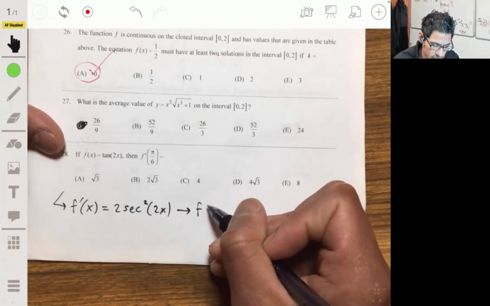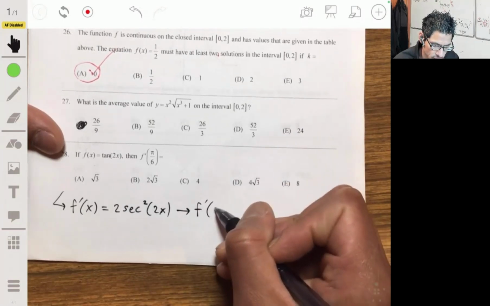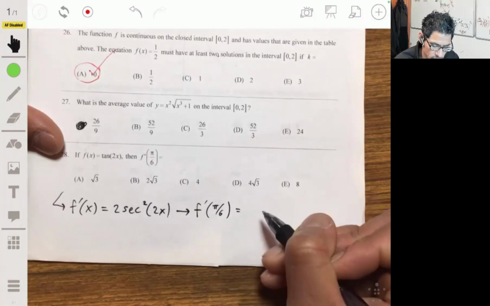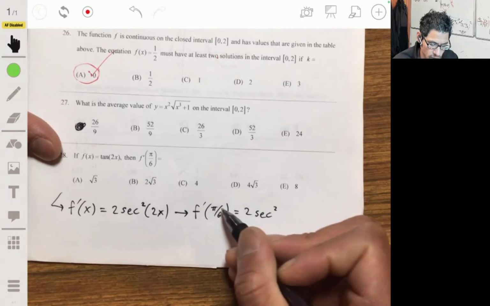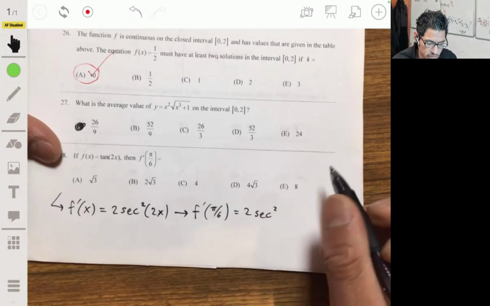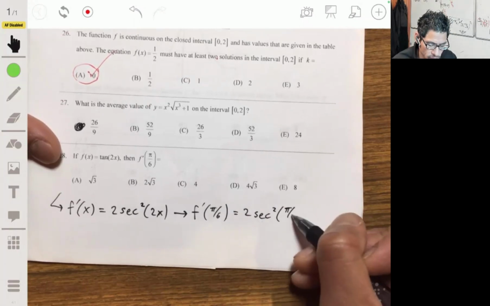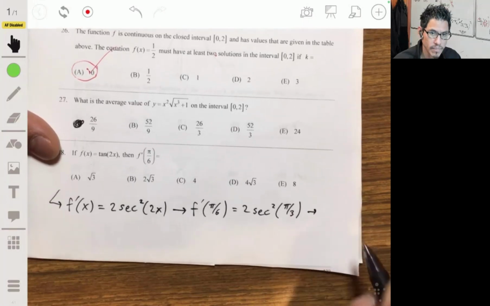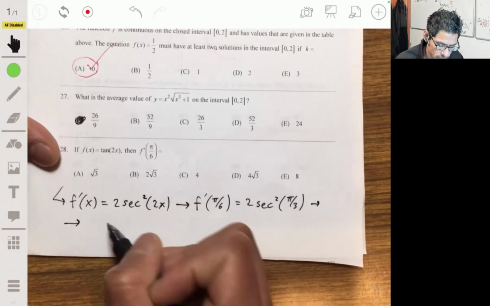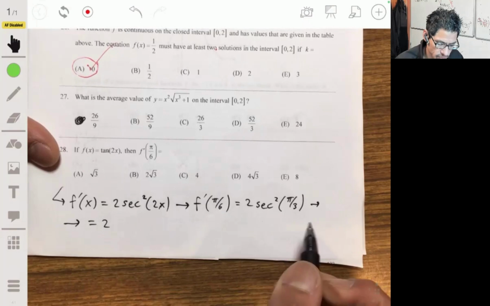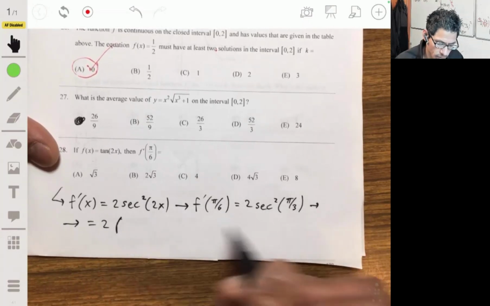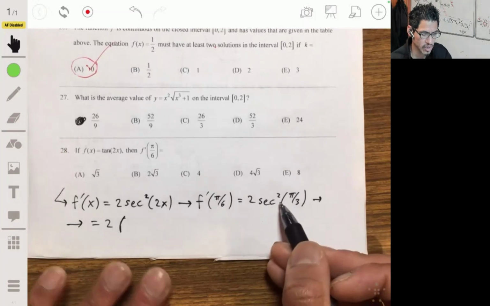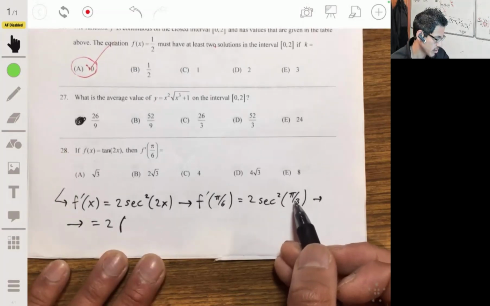Evaluating this at pi over 6. 2 times the secant squared of 2 pi over 6, which is just pi over 3. This is just 2 times secant squared of pi over 3.